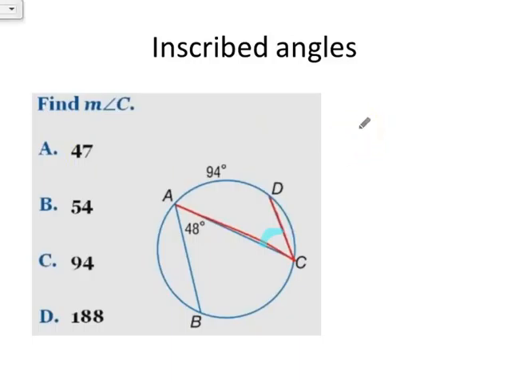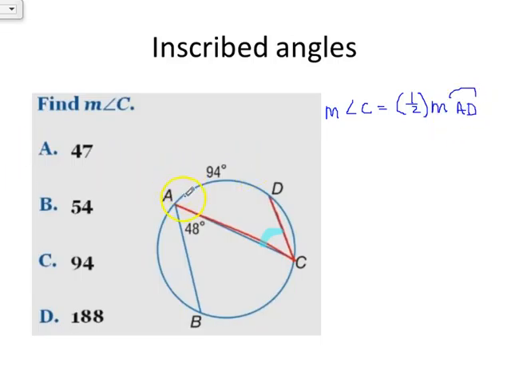All right, I'm going to remind everybody of the inscribed angle theorem that we just learned about on the previous slide. The measurement of angle C, which we're trying to find, is going to be equal to 1/2 the measurement of the intercepted arc, which is arc AD.